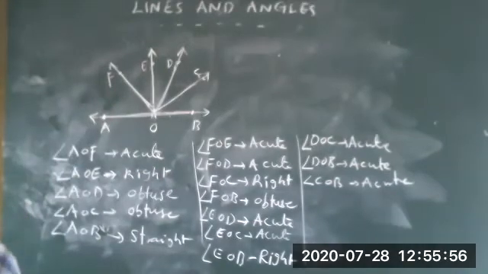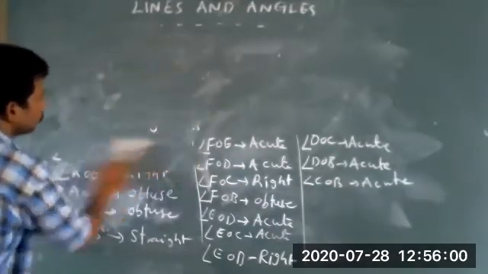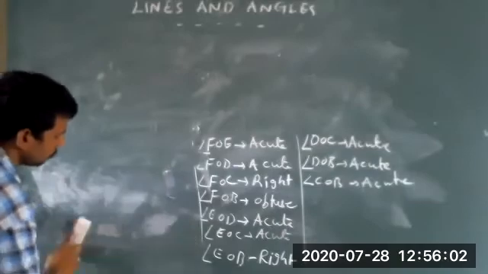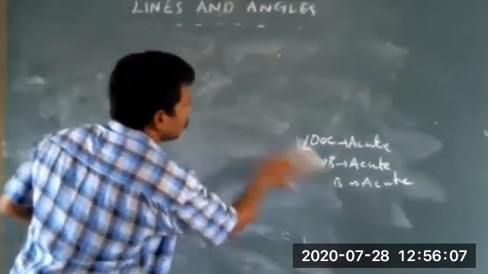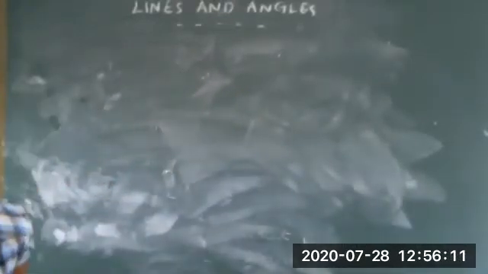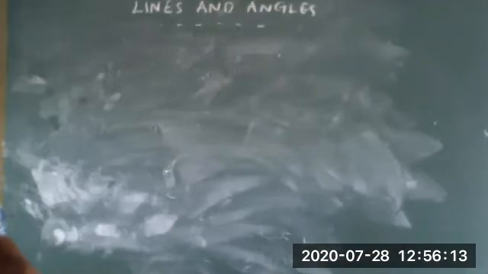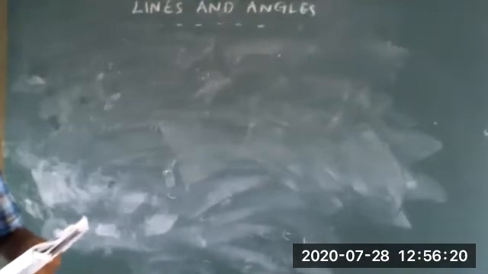Next, seventh one. Which of the following pairs of lines are parallel?